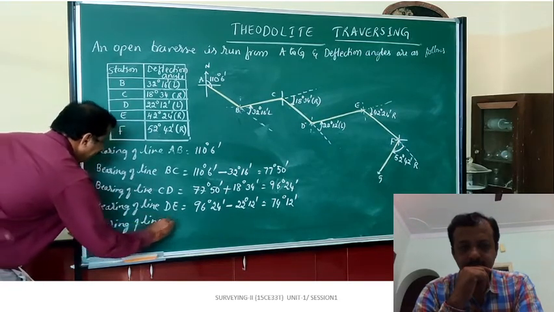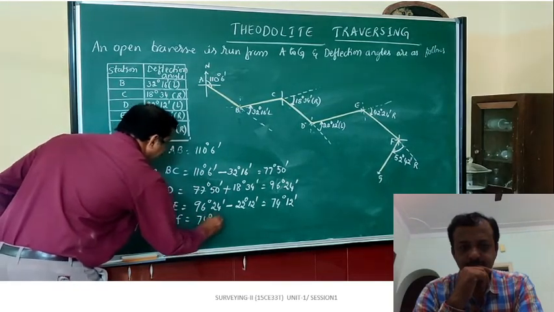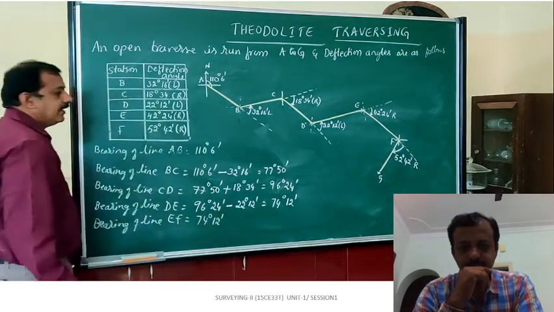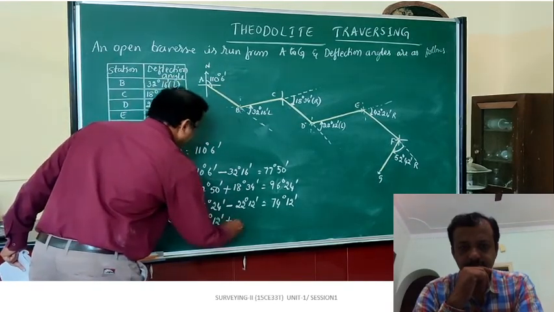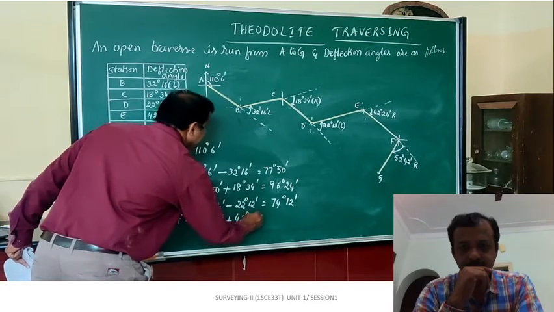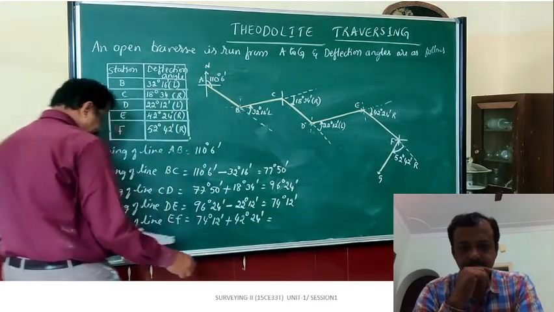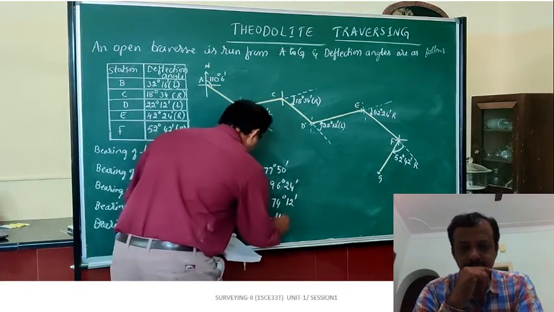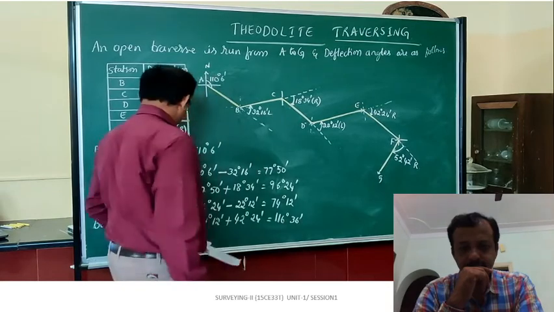Similarly, the bearing of line EF is equal to 74 degrees 12 minutes, the bearing of the previous line, and since the deflection is to the right, plus 42 degrees 24 minutes. This value is 116 degrees 36 minutes.